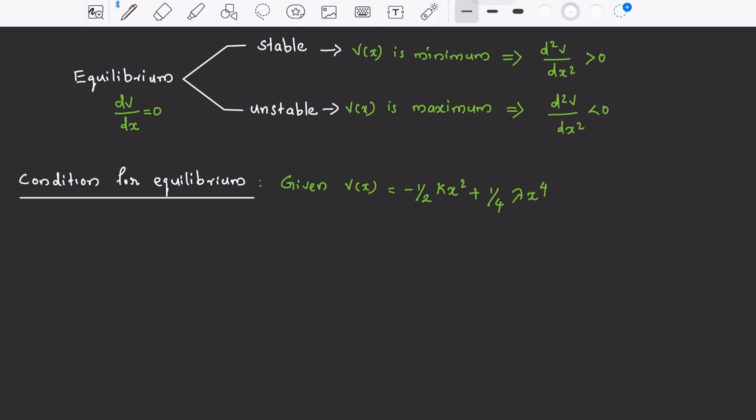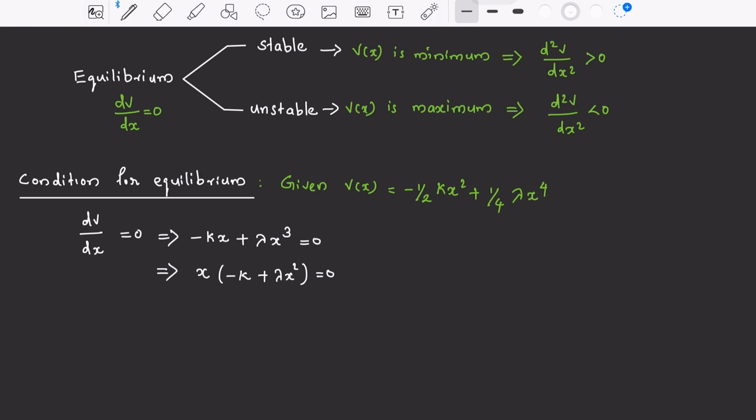Now what is dV by dx? dV by dx is equal to minus kx plus lambda x cube, and this is 0 because at equilibrium this is 0. We can write it as x into minus k plus lambda x square is equal to 0.